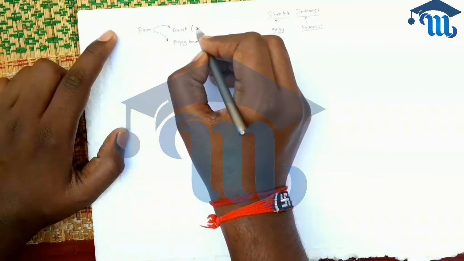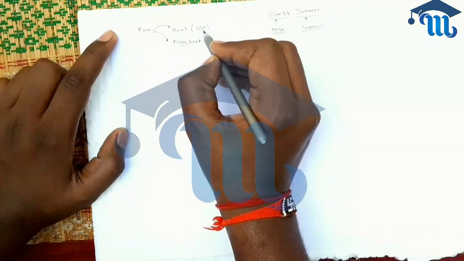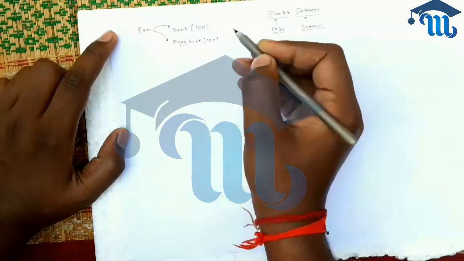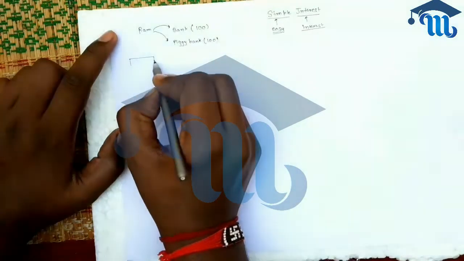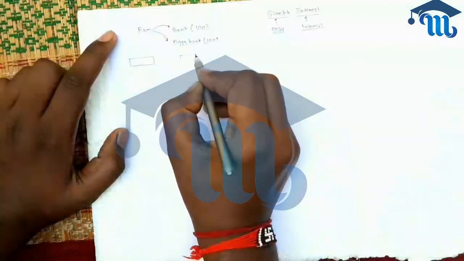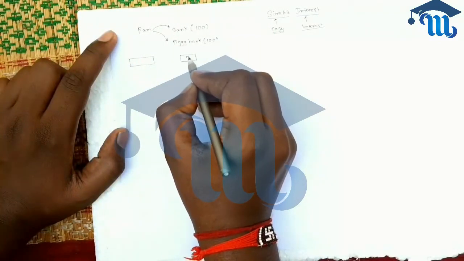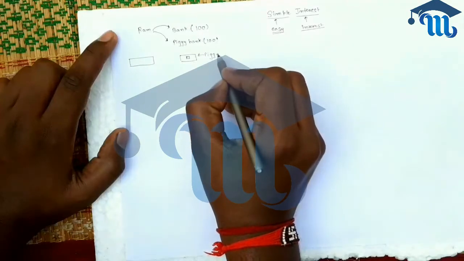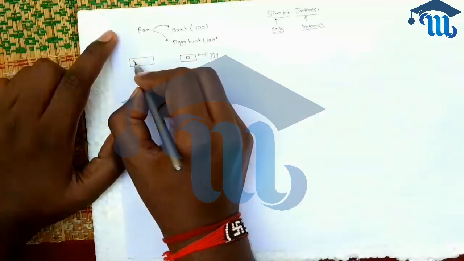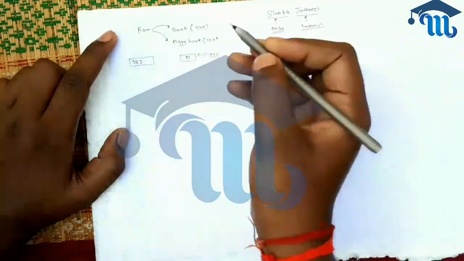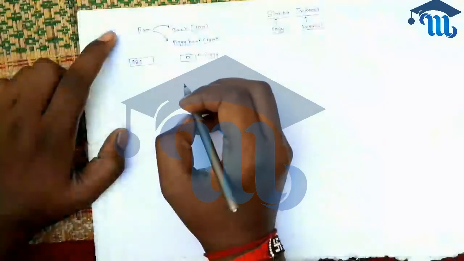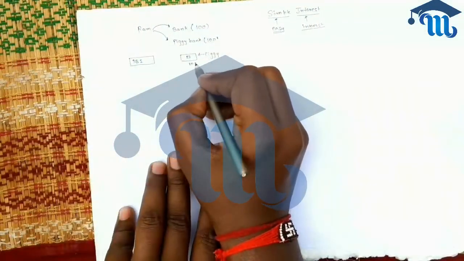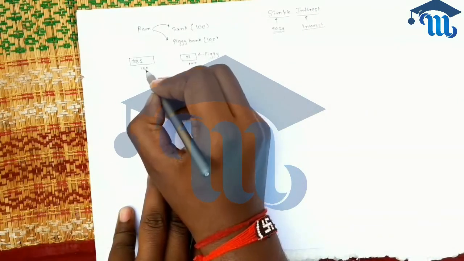Let's suppose he deposits 100 rupees in the bank and 100 rupees in his piggy bank. Now after 1 year he goes to the bank.